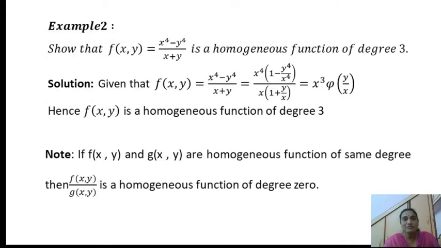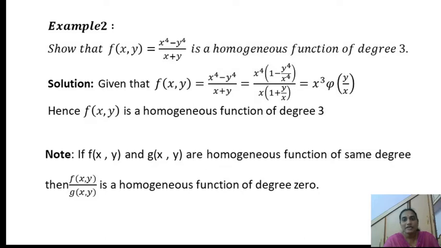Show that f(x,y) = (x^4 - y^4)/(x + y) is a homogeneous function of degree 3. Solution, given f(x,y) = (x^4 - y^4)/(x + y). Similarly, we can take x as a common factor in both numerator and denominator.